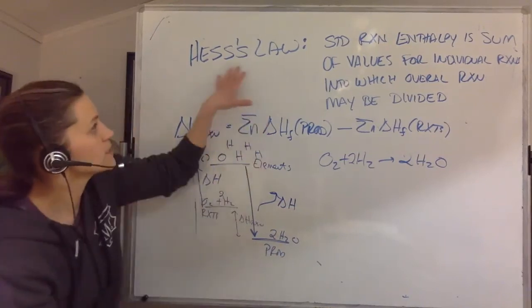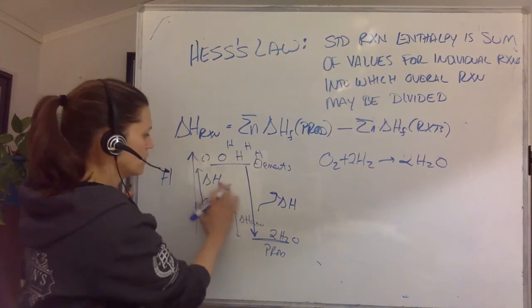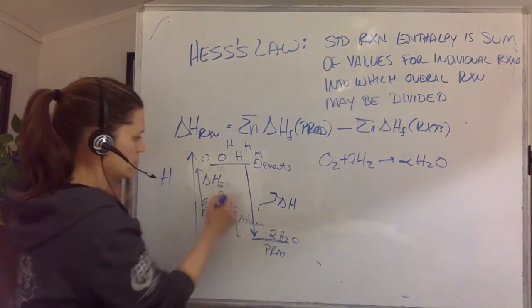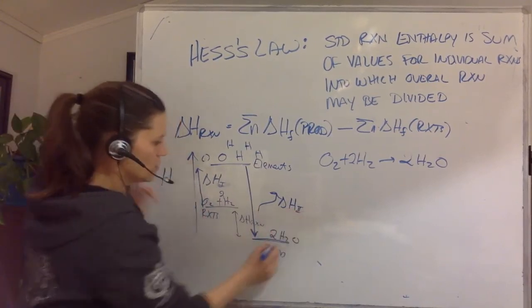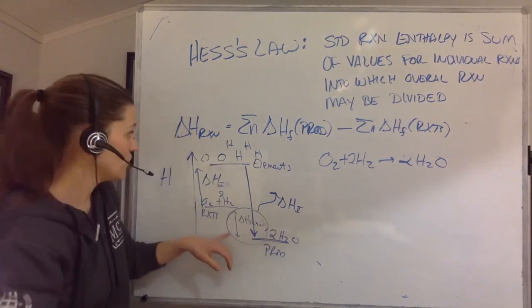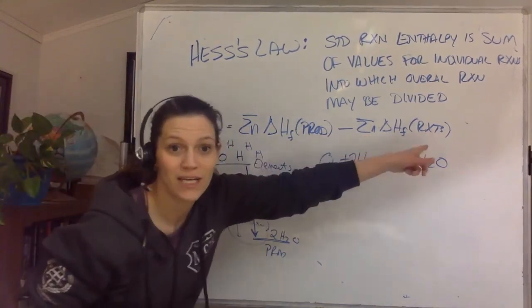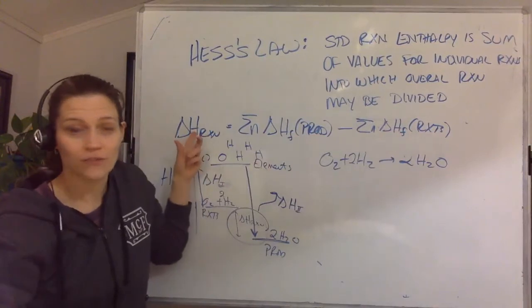Now, let's go back and read Hess's law. So this delta H1 minus delta H2 gives you the overall reaction, delta H of reaction.